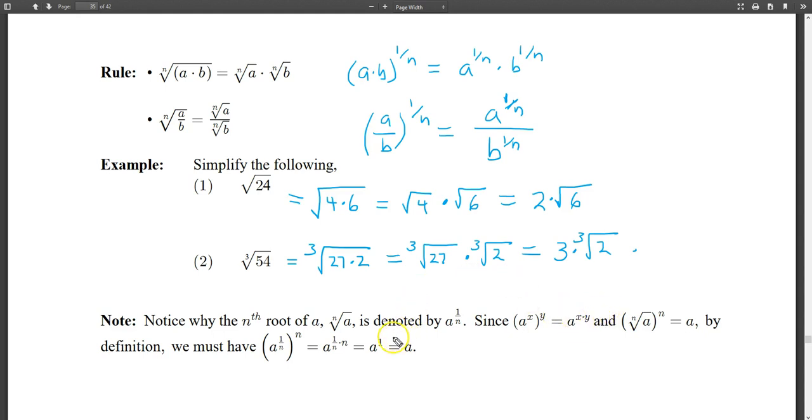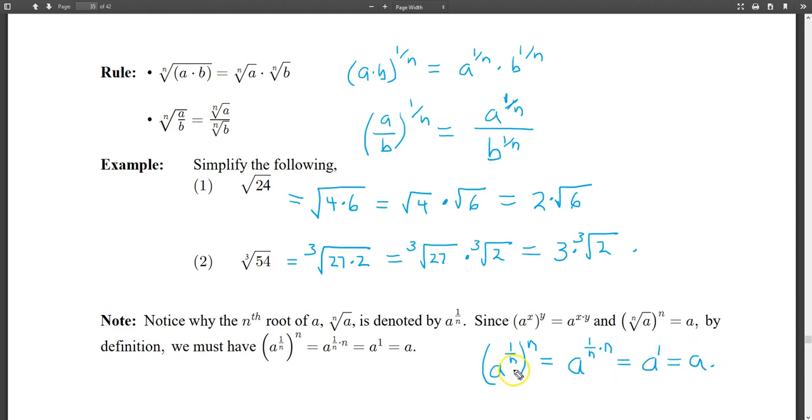Now just one thing to note down here. Notice why we denote the nth root of a as a to the 1 over n power. That's because if we follow this rule of exponents, if we look at a to the 1 over n raised to the nth power, that's the same as a to the 1 over n times n, and of course that's just a to the 1, which is just a.